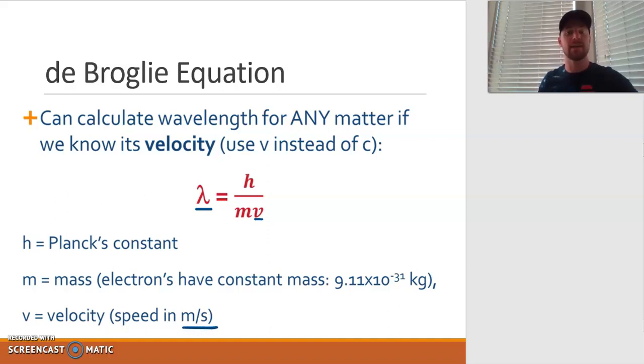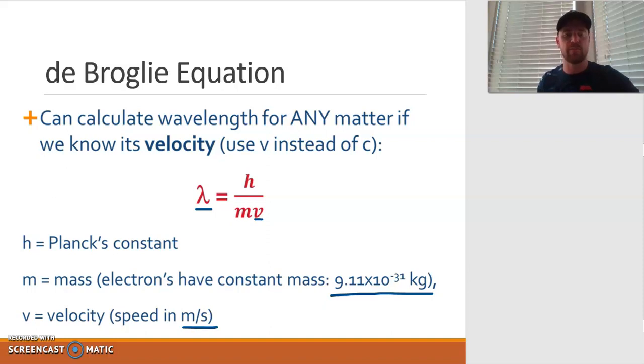The SI unit for mass is the kilogram. Most of the time we're going to be looking at an electron. So reminder, an electron's mass is 9.11 times 10 to the negative 31st kilogram. If the problem is looking at another subatomic particle's mass, such as a proton or neutron, reminder that those masses are on the back of your periodic table.